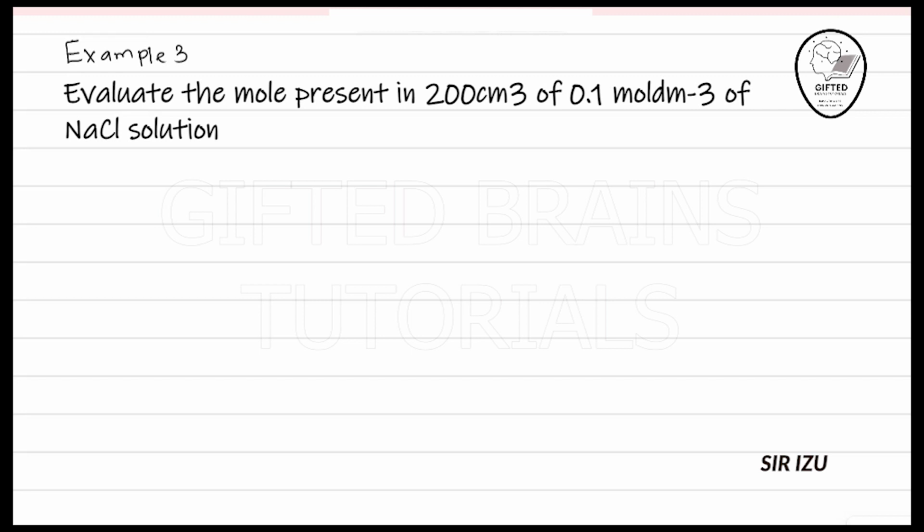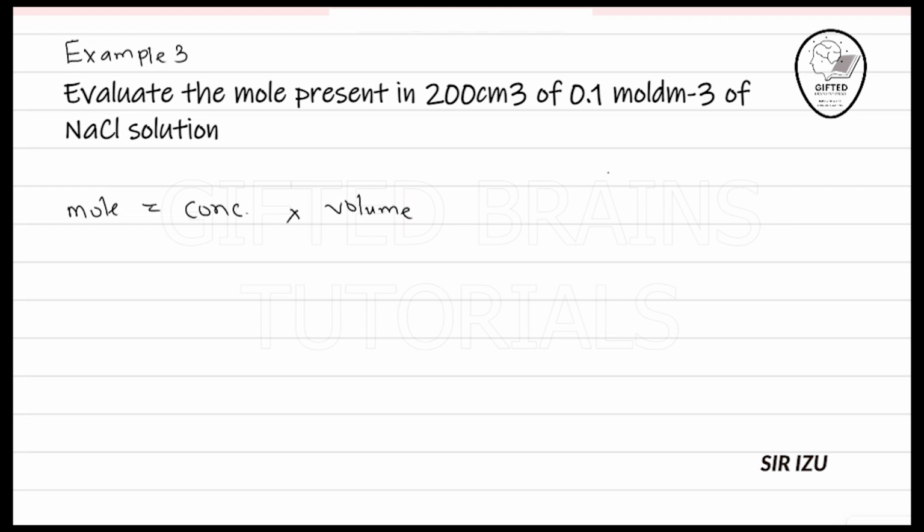Evaluate the mole present in 200 cm cube of 0.1 mole per dm cube of NaCl solution. For the fact that this is a solution, going back to our relationship, one of the ways to solve this is using concentration times volume. So my mole is simply concentration times volume. Another thing here is that the volume is given in cm cube. I should convert.